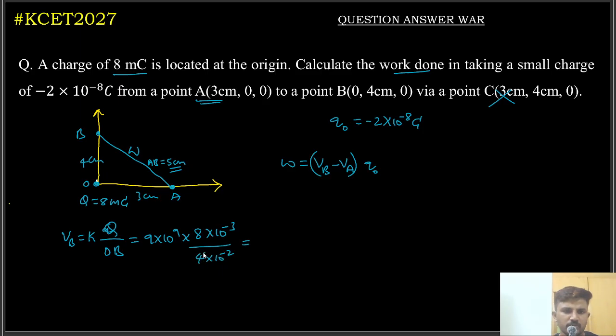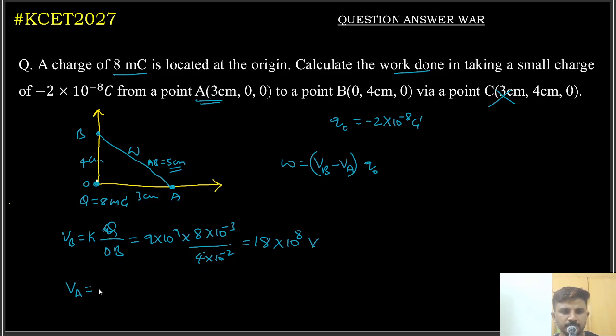So 4 1s are 4, 4 2s are 8, 9 2s are 18. 10 to the power 9 minus 3 is 6, plus 2 is 8. So 18 into 10 to the power 8 volt. Okay, this is the potential at B.